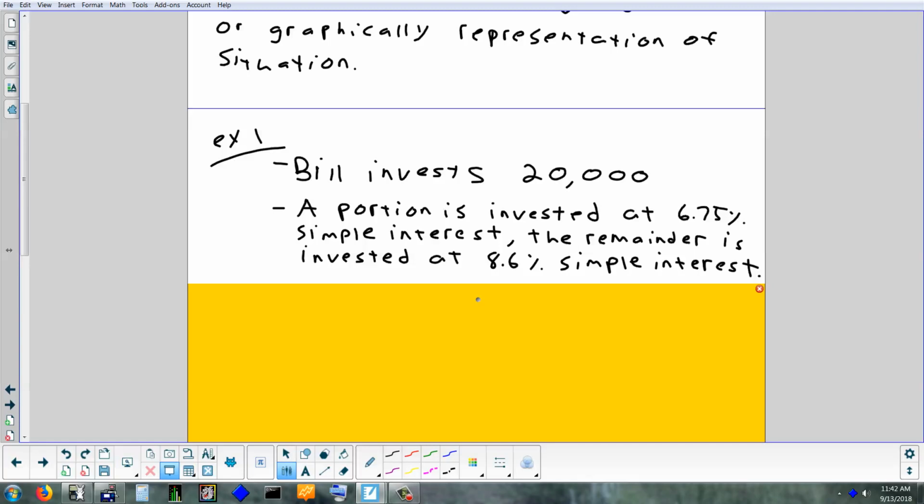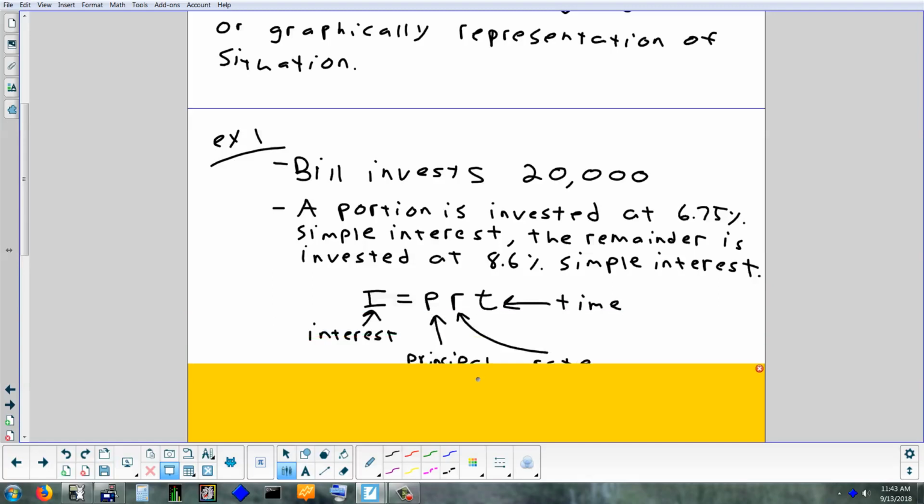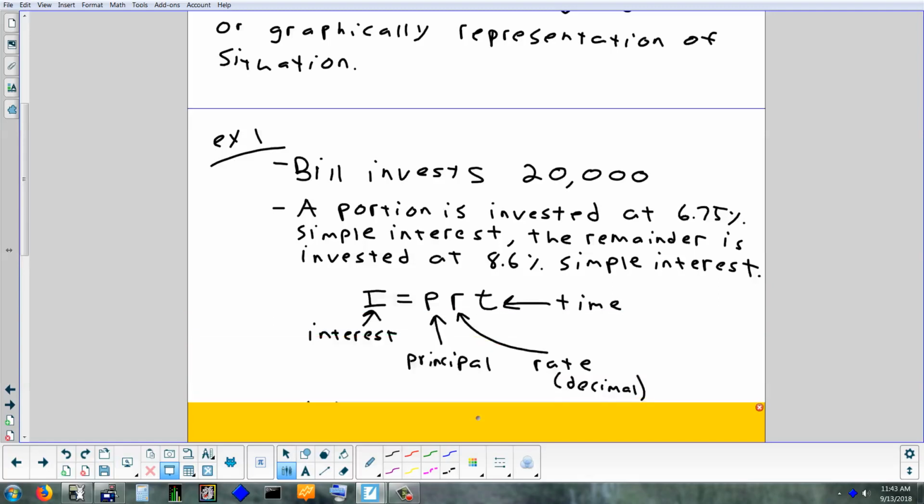Interest. The P is the amount you start with. That's called your principal. And remember what R is. R is your rate of return, or your interest rate. So the formula is I equals PRT. Principal times rate times time.